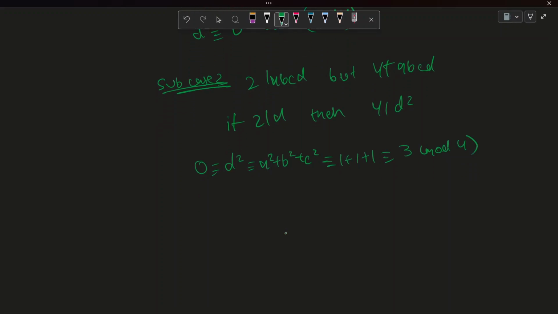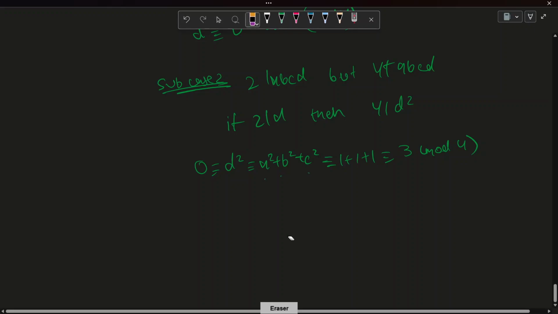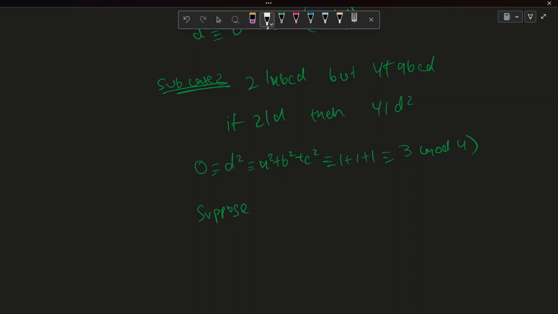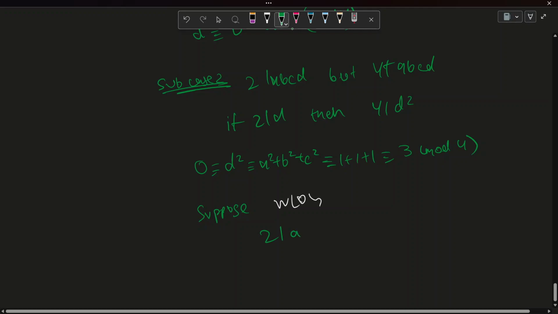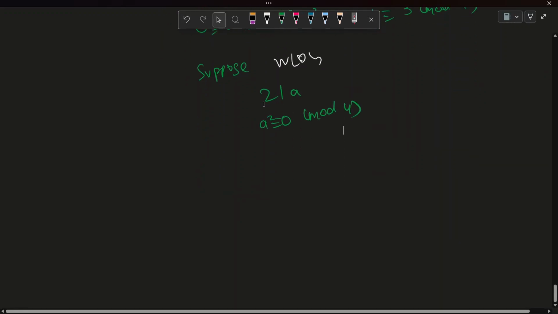And if 2 does not divide d, then 2 divides exactly one of a, b, and c. It cannot divide two of them, otherwise 4 will divide abcd. So suppose, without loss of generality, which means the other cases are symmetric, that 2 divides a. Then a square is congruent to 0 mod 4, obviously.